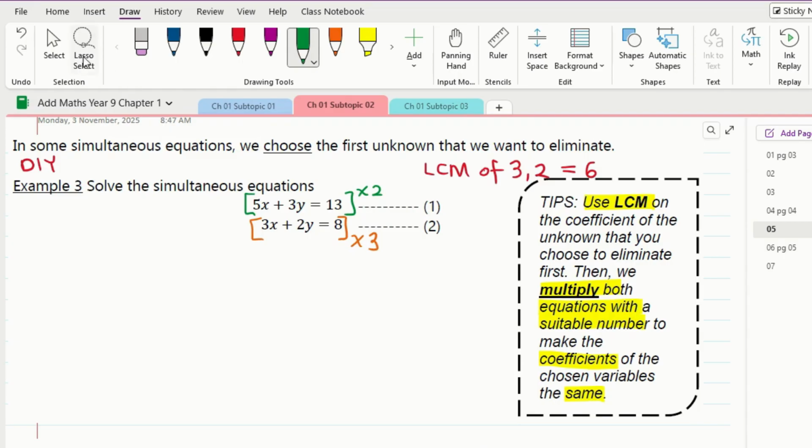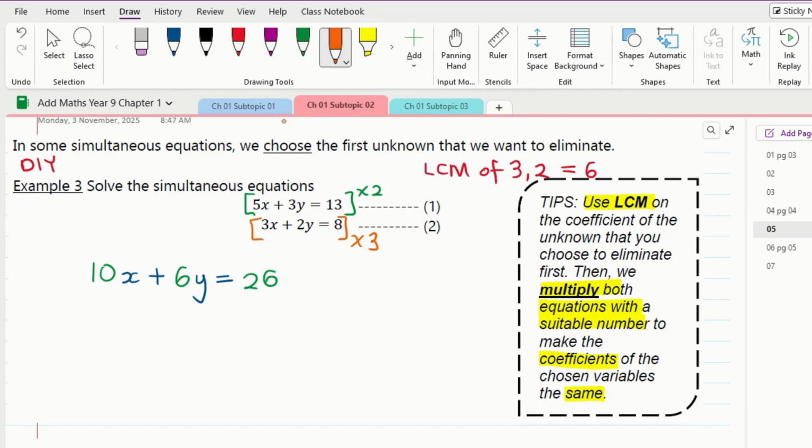So 5x plus 3y equals to 13. You have to multiply them by 2, so you have 10x plus 3y times 2 equals to 6y equals 13 times 2 is 26. And as for the second equation, you will have 3x plus 2y equals to 8 times 3.